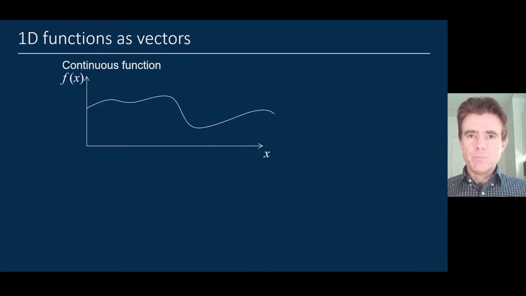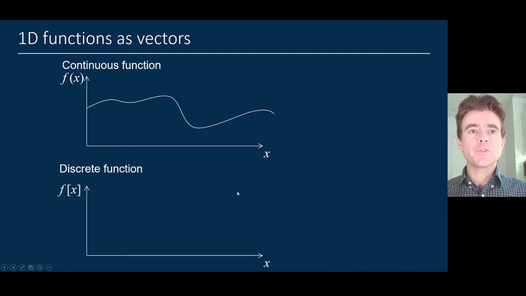So, at the outset, I just want to re-emphasize how we can deal with a function in discrete form. Here I'm plotting a continuous function, f of x, just the independent variable x, giving a response value f for a 1D function. And we can consider a discrete domain version of that function by using now the square brackets to indicate these are discrete samples.